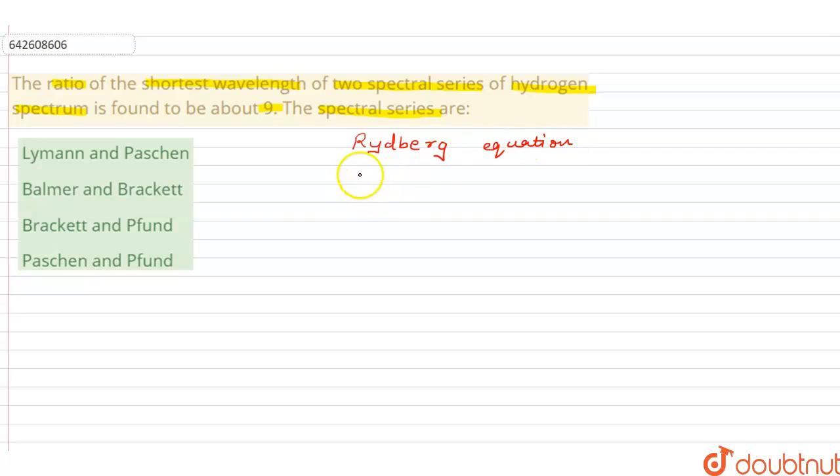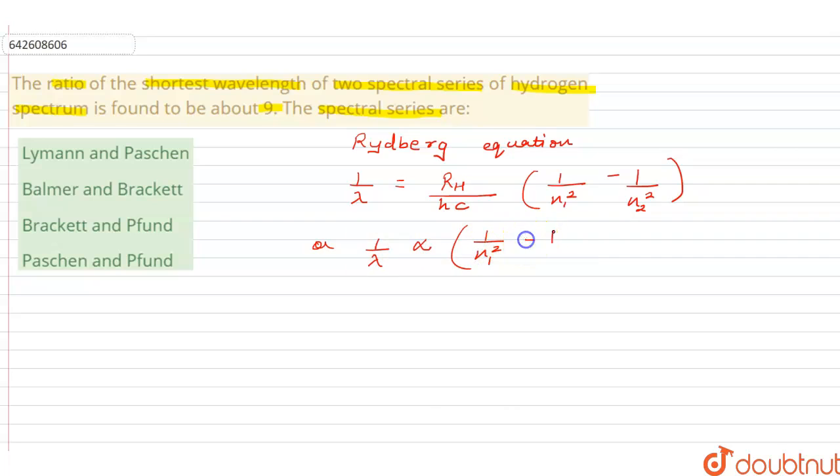The Rydberg equation says that 1 by lambda is equal to RH, the Rydberg constant, upon h into c, Planck's constant and the speed of light, into 1 upon n1 square minus 1 upon n2 square. Or we can directly say that 1 by lambda is directly proportional to this difference of 1 upon n1 square minus 1 upon n2 square.